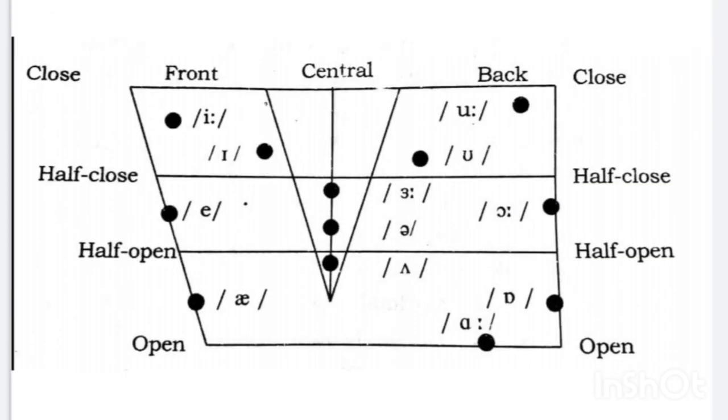This is the front of the tongue. Here is the resting position. Your front of the tongue is raised to a position between half close and half open. See here, this black dot is the point. So it is raised between half close and half open.